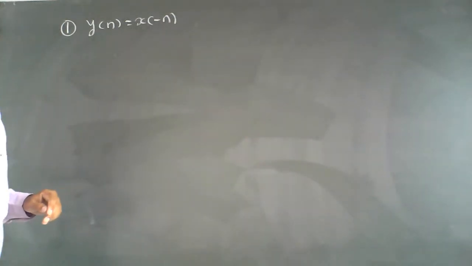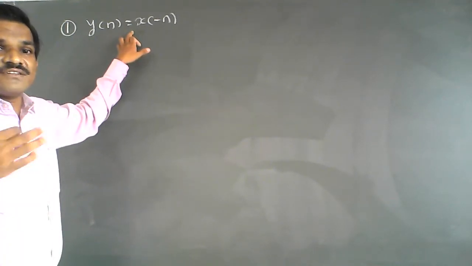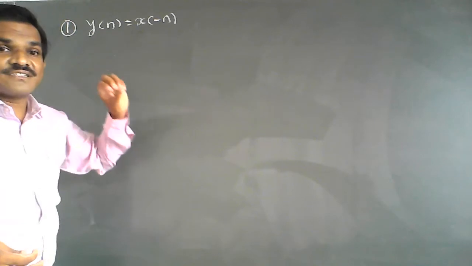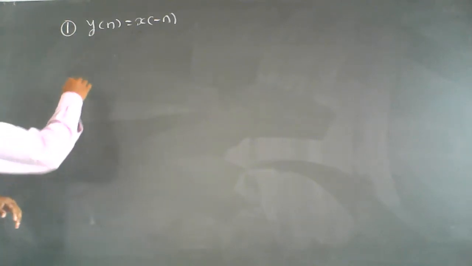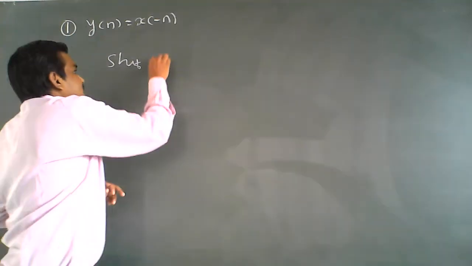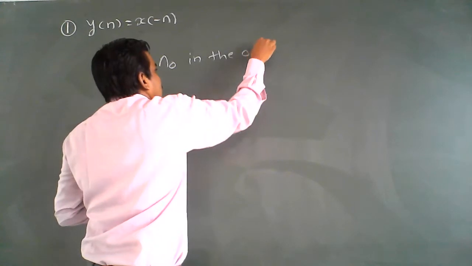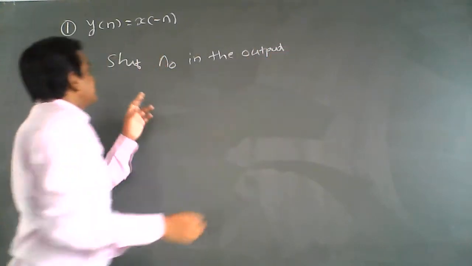Now, for this system y of n is equal to x of minus n, we will check whether it is shift invariant or not. We shift the output by n0.